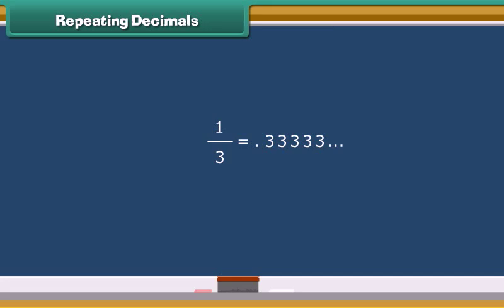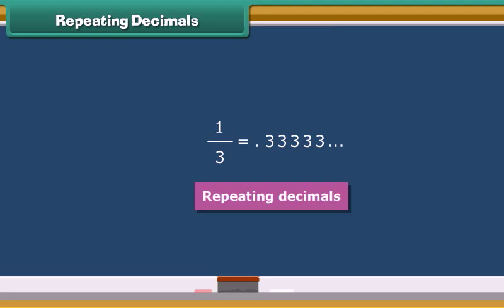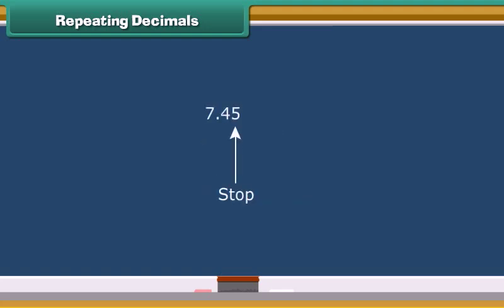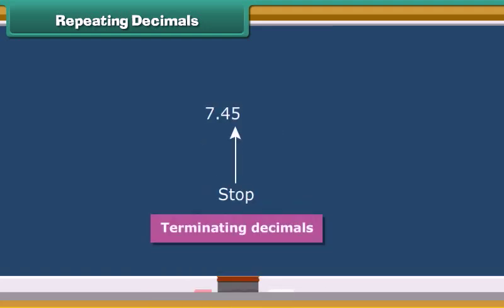So these decimals are termed as repeating decimals. You can round off the number after 3/10 or 300, but it is more accurate to put a line over the last number. This line indicates that the number keeps on going. And the decimals that stop are called terminating decimals.